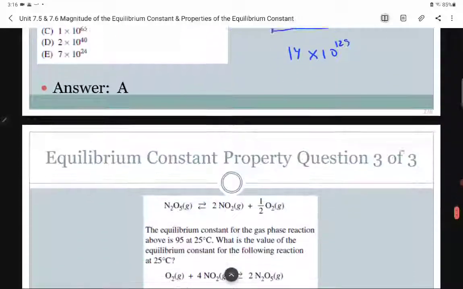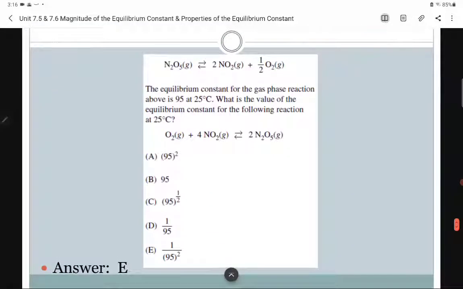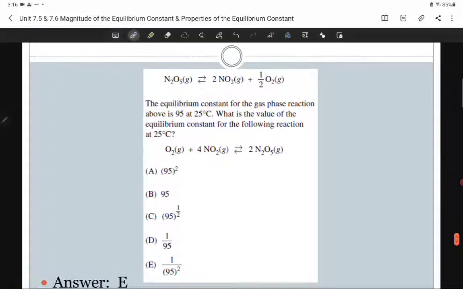And do we have anything else left here? We have one more. So here we have our reaction, and then we want this reaction. By the way, the K value for that is 95. So how is the reaction that has a K value of 95 like the one we have?